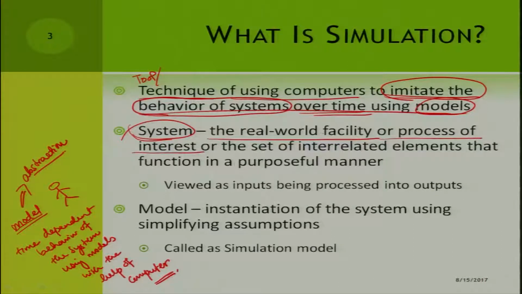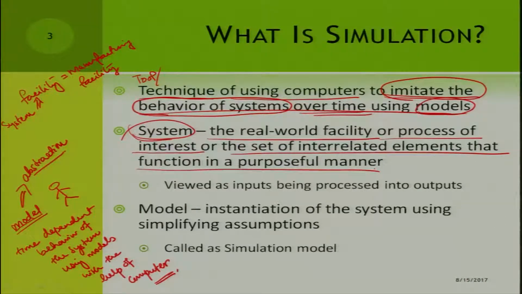The word facility is synonymous with a manufacturing facility. So, the system is a real world facility, which is actually a manufacturing facility, or another way to look at it is a set of interrelated elements that function in a purposeful manner.